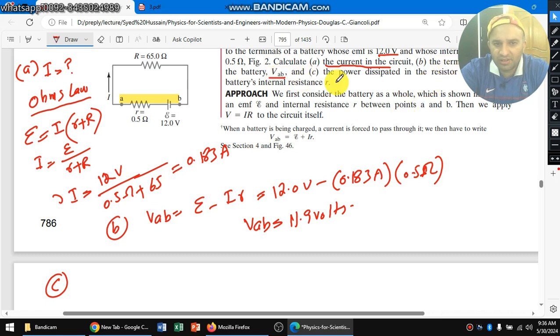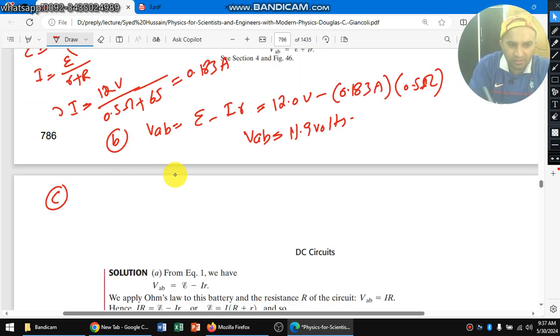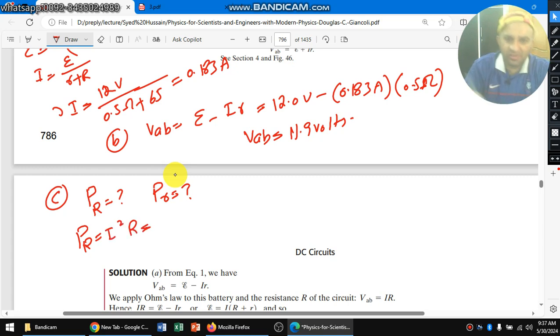we need the power dissipated across the external resistance capital R and the power dissipated in the internal resistance r. In order to find the power we use the formula P is equal to I squared R. The current flowing through the circuit is 0.183 ampere and the external resistance is 65.0 ohm.